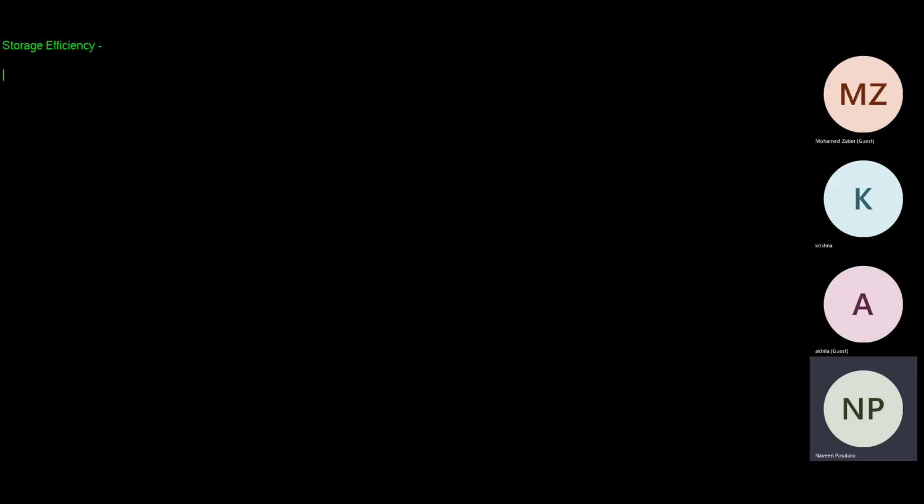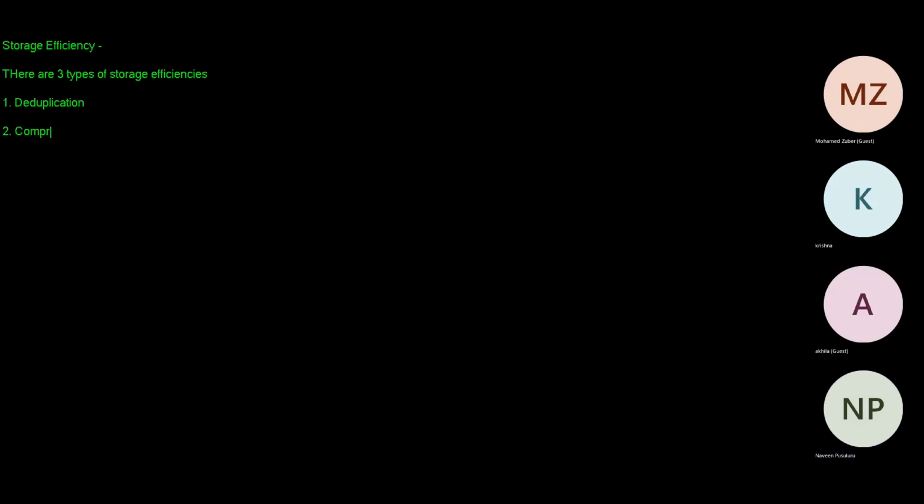Okay, so there are three types of storage efficiency. First one is deduplication. Second one is compression.